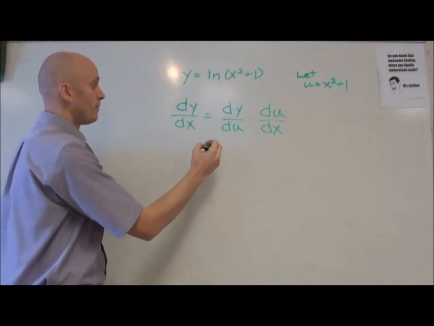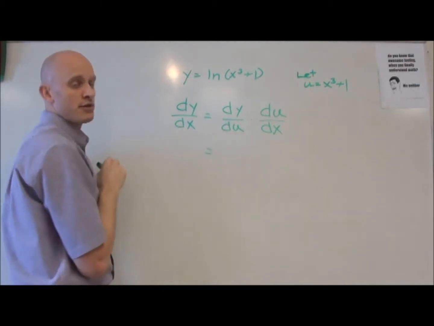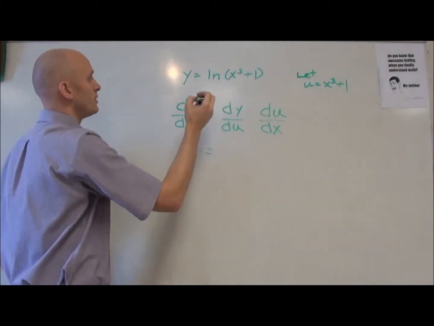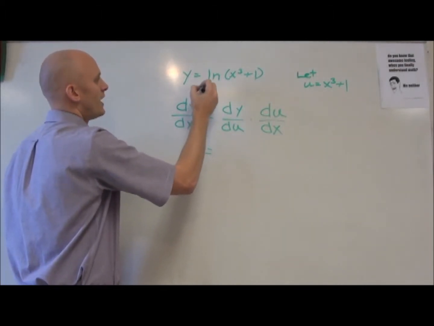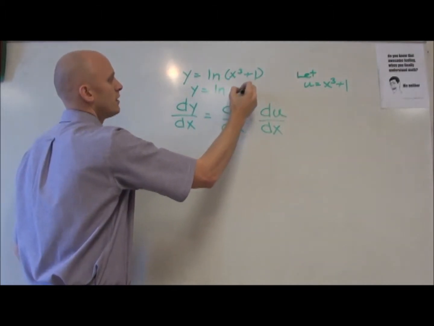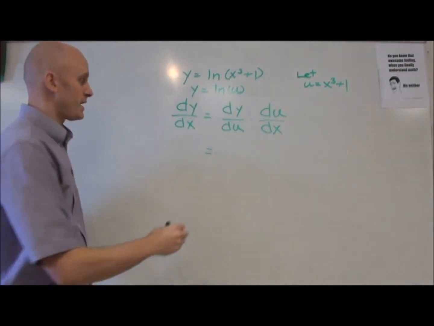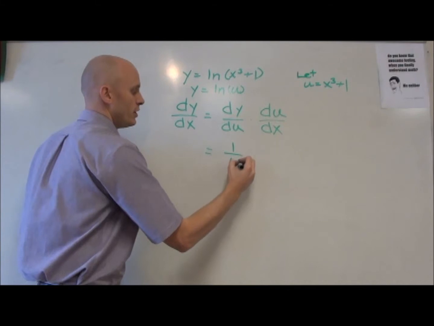That's the chain rule. Now, derivative of y with respect to u. So writing y in terms of u, our u substitution, y is equal to the natural log of u. The derivative of y with respect to u is 1 over u.